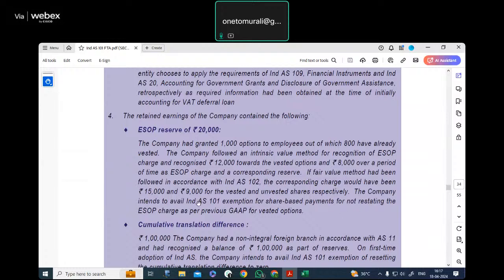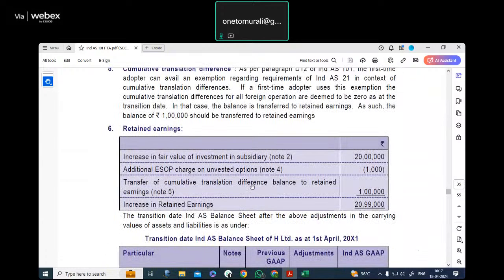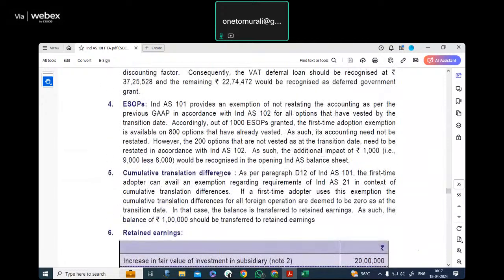The company intends to avail the 101 exemption for share-based payment, for not restating the ESOP charge as per the previous GAAP for vested options. So when we go out discussing all that in greater detail, we will not be in a position to solve the problem even. So here they have mentioned in item number 4, Ind AS 101 provides an exemption of not restating the accounting as per previous GAAP in accordance with Ind AS 102 for all options that are vested by the transition date.